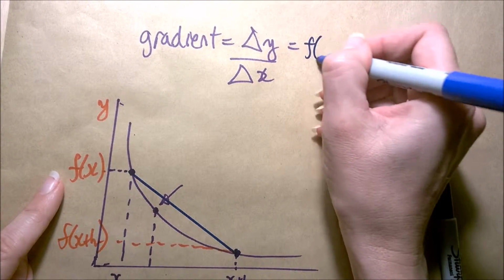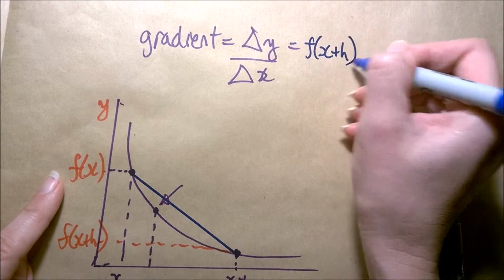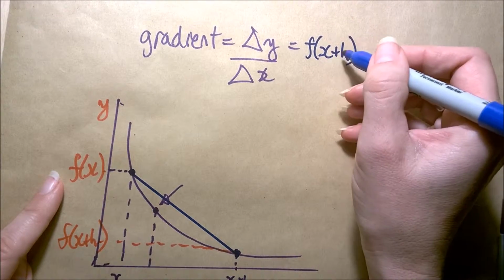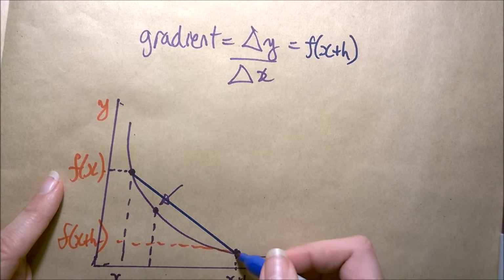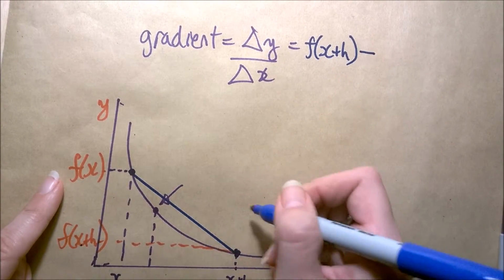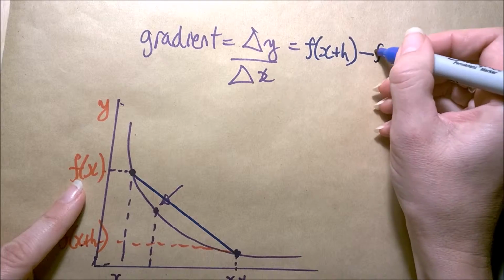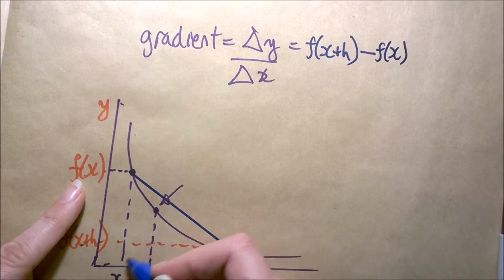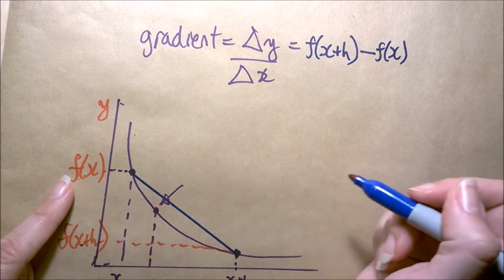The final value of y is the function of x plus h, because that's what you put into the function to get that value of y. And you subtract the original value of y, which is the function of x. Put x in, that's what you get.